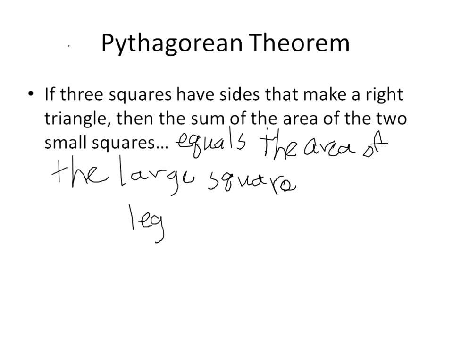The two sides that make the right angle are called legs. We call them legs. So one leg squared plus the other leg squared, because if I square them, I'm getting that area, aren't I? Because squaring is the number times itself.